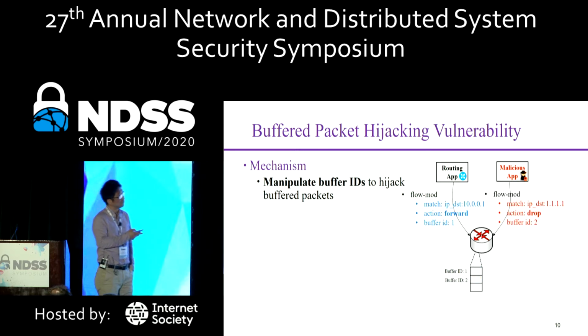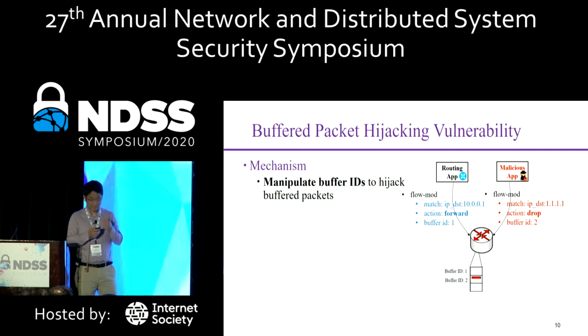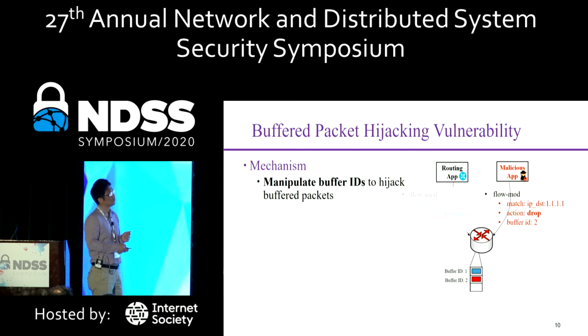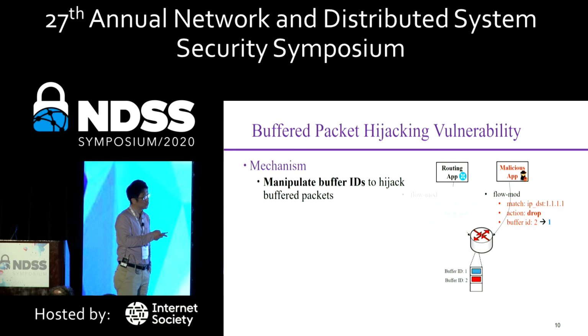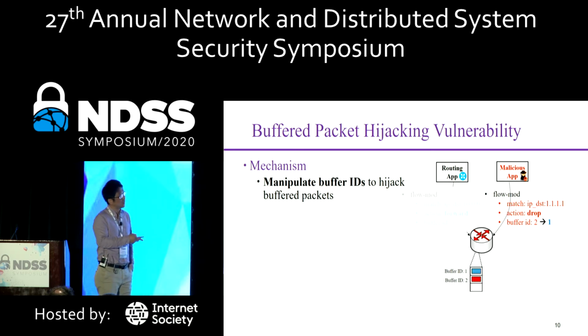The malicious app says that for another buffer ID, equal to 2, this packet should be dropped. But the malicious app can do one thing: change this buffer ID from 2 to 1. If this happens, when the switch receives this message, the first packet with buffer ID 1 will be dropped.